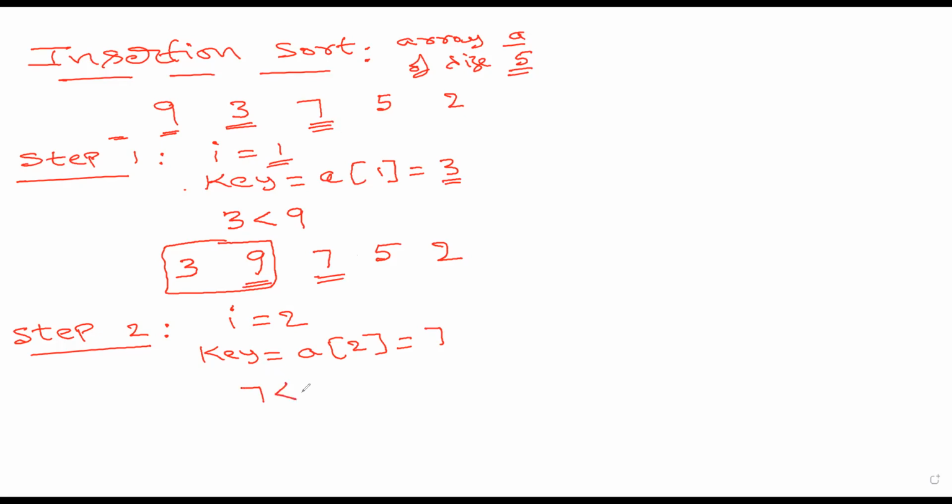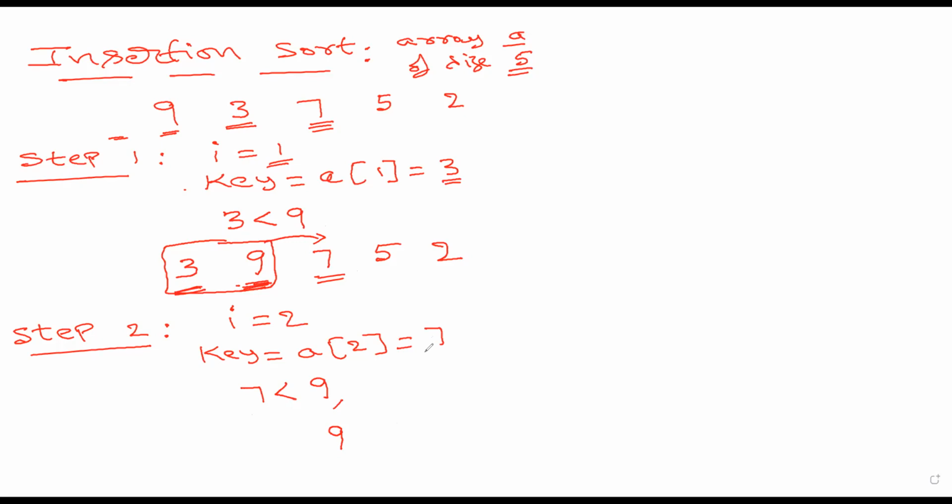So this key value is less than that particular 9. In that case, we have to shift this 9 to its next position. That is, 9 is present at the first position, and that one we are shifting to its next position. Next, before 9, what is the element there? 3 is there.